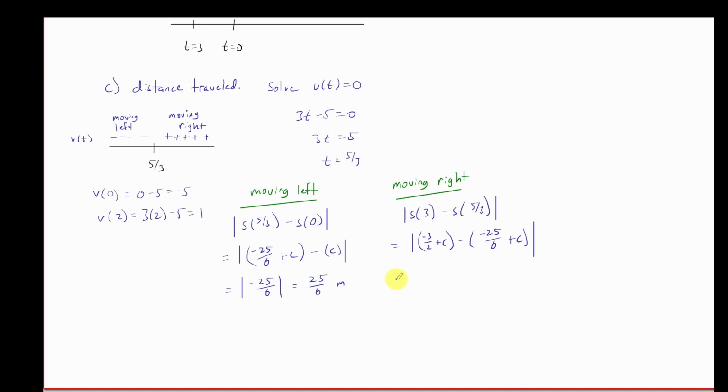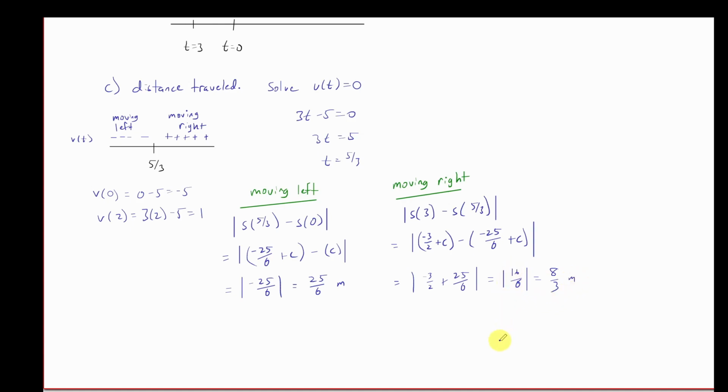The c's will cancel. Negative 3/2 plus 25/6 will give me a positive 16/6, which is 8/3, and because it's positive, I don't need absolute value.